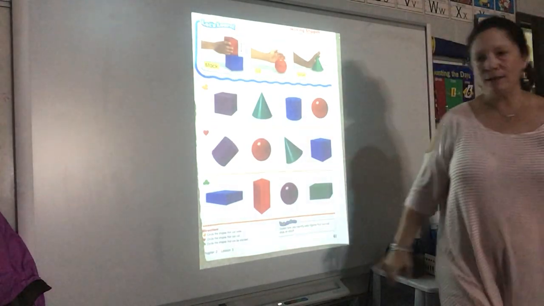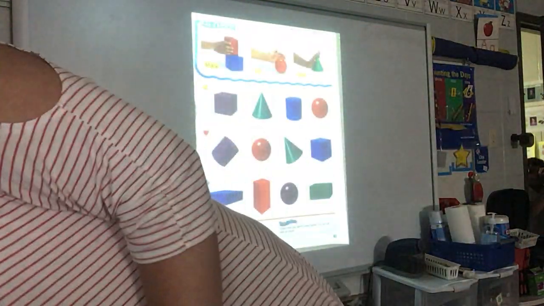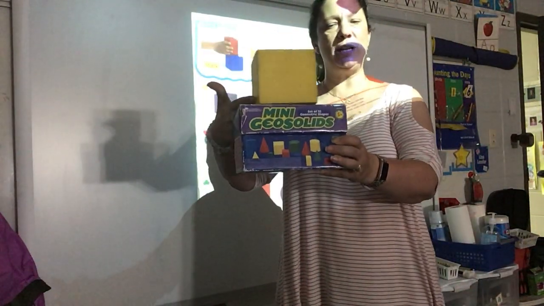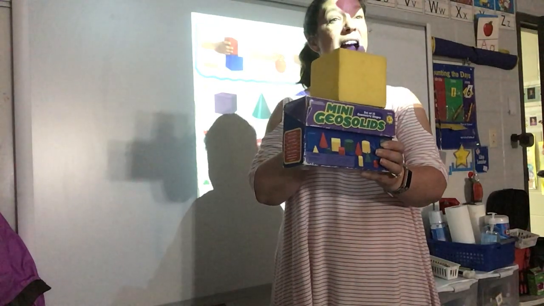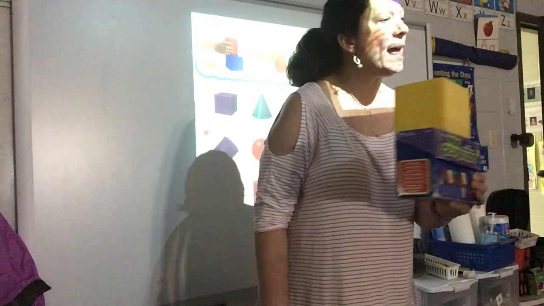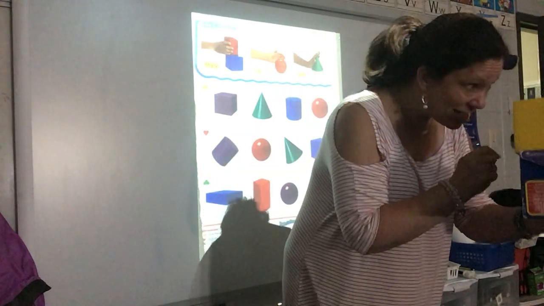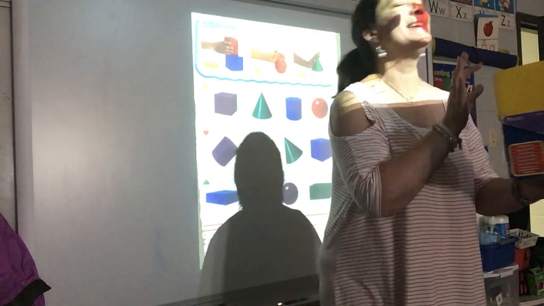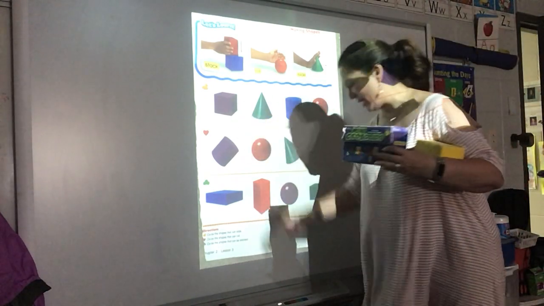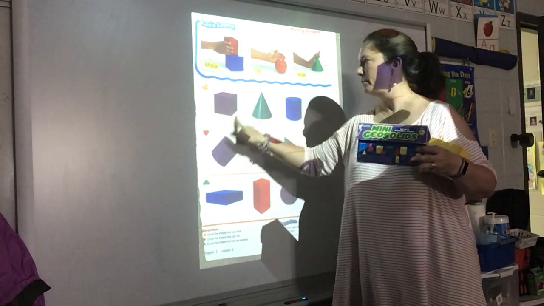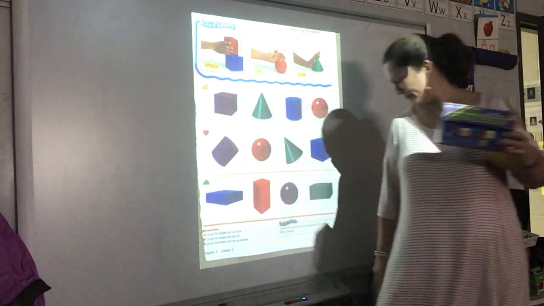Let's check it and see. Here's a cube right here. Watch. If I have a cube and I push it, is it sliding? Yes. So can a cube slide? Yes. Circle that cube for me.